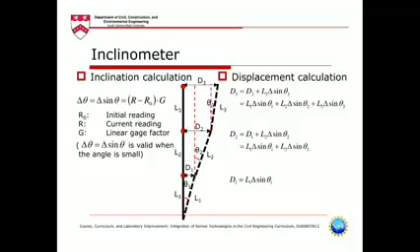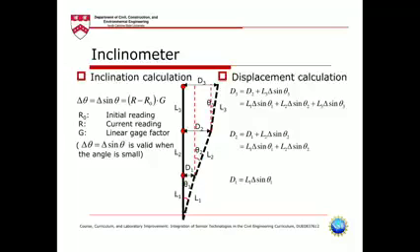Each sensor segment moves from its original initial position. Then how can we calculate the displacement? We have a 3D reading of displacement D1, D2 and D3, because each point is displaced differently.